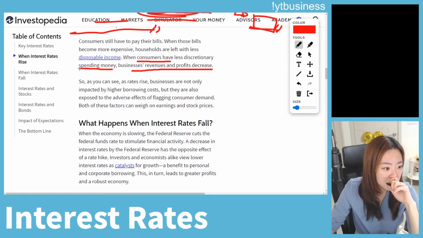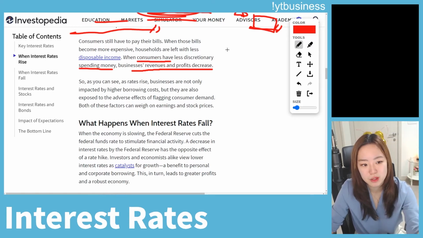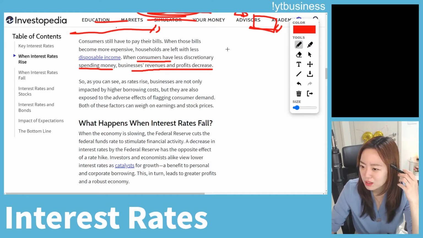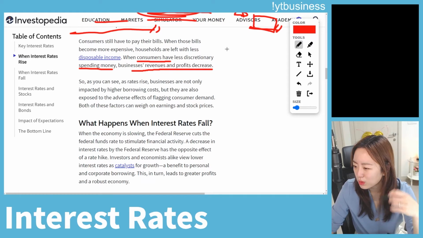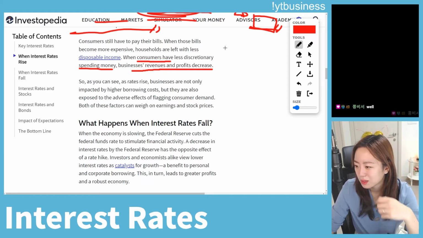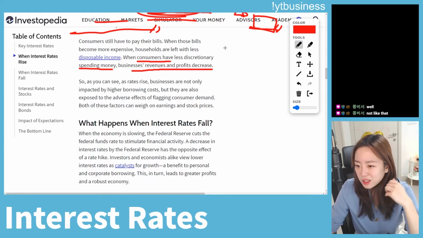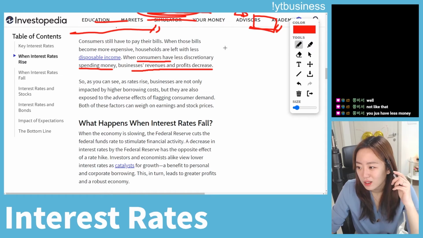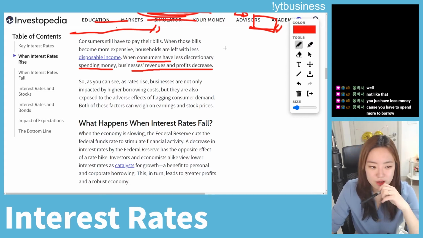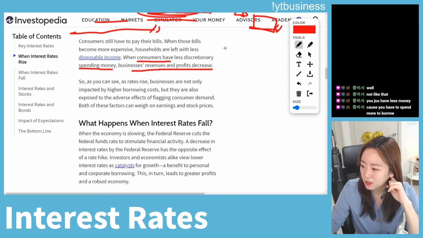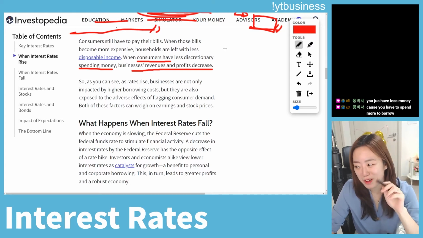그치, that makes sense. So if your interest rate just gets higher, people don't want to spend money. It's kind of related to inflation too, no? 아닌가? Oh, it's not like that? Because you have to spend so much money on interest that you'll just have less money. Yeah. Unless they have a second job.